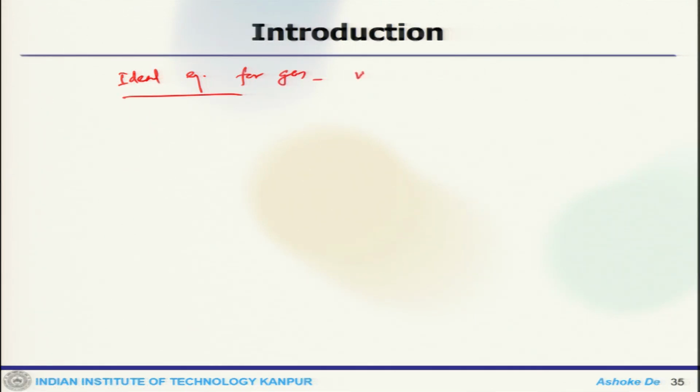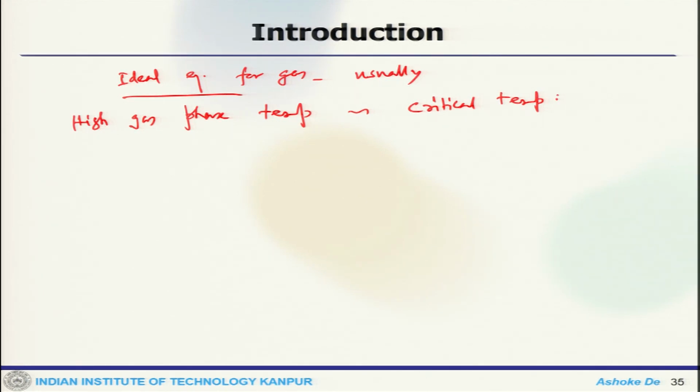This is usually used, but when the combustion process encounters high gas phase temperature, almost close to the critical temperature, or pressure near or above the critical pressure, then the pressure and the density or concentration are not correctly predicted by the ideal gas law.